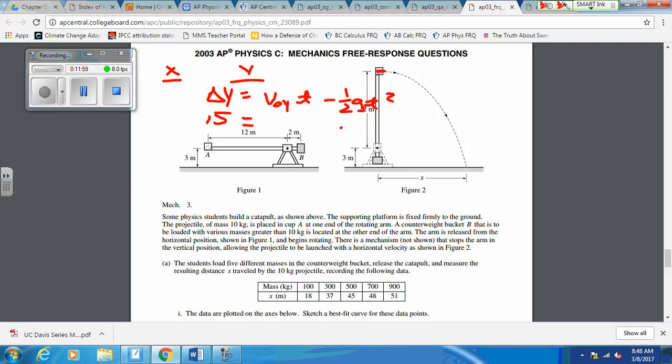And v0y is 0, because all of the velocity is horizontal. And then you have minus 1/2 g t squared, which is minus 5 t squared.